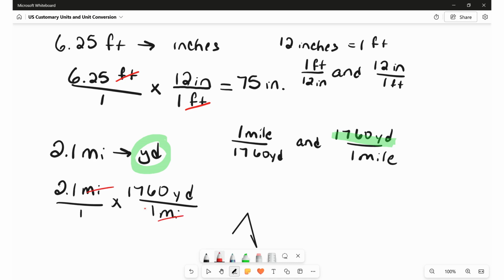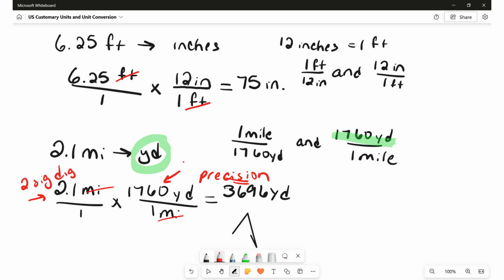So our miles cancel. And when we multiply it straight out, we get 3696 yards. However, remember precision. This has two significant digits.